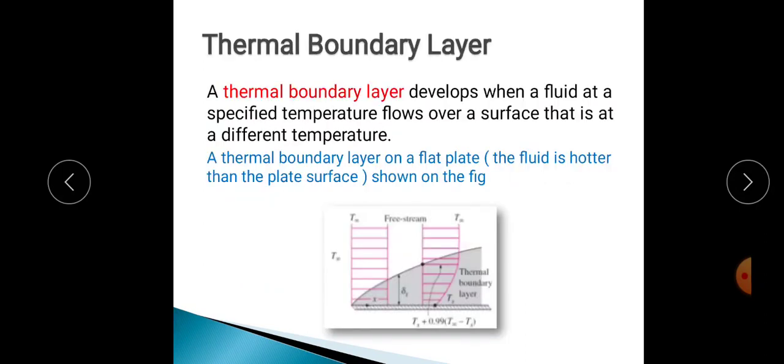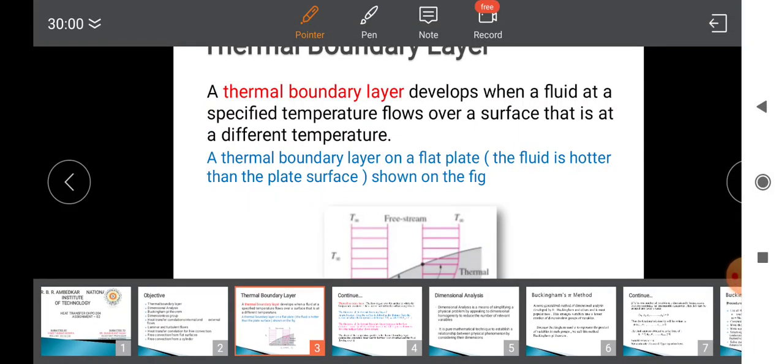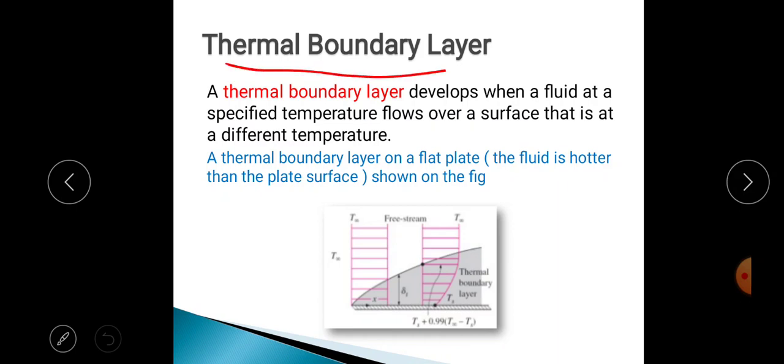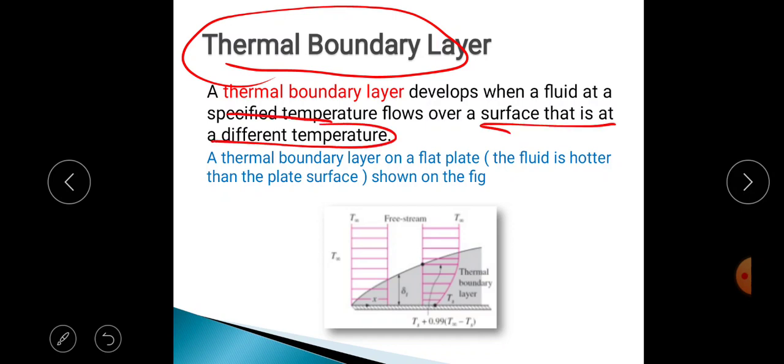So the very first topic is the thermal boundary layer. A thermal boundary layer develops when a fluid at a specified temperature flows over a surface that is at a different temperature.